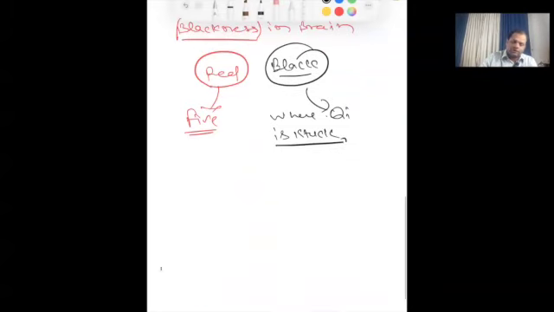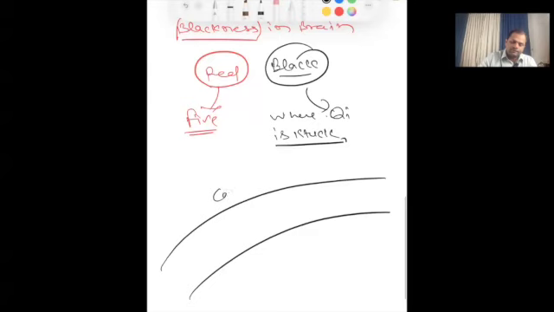Like we see the canal. In the canal, water is flowing. But suppose this canal gets stuck here because of some debris, some stone or some unwanted material. In a few days you will see lots of material stuck here.